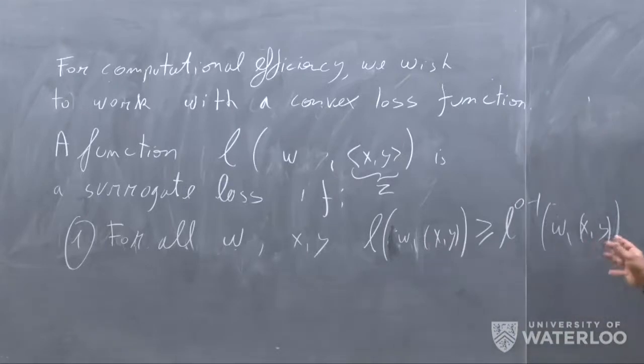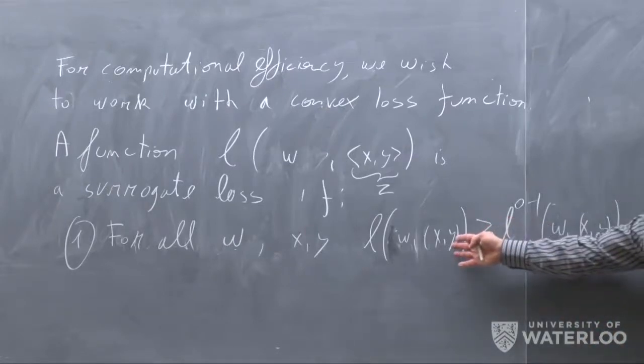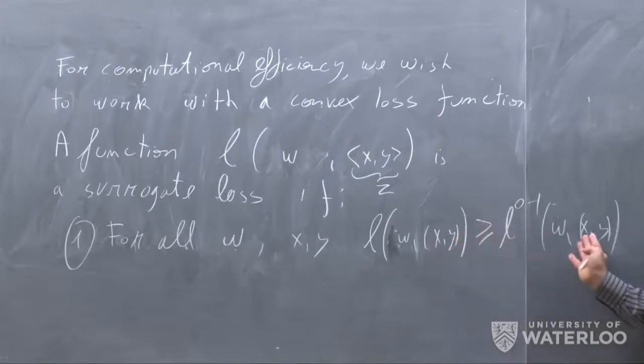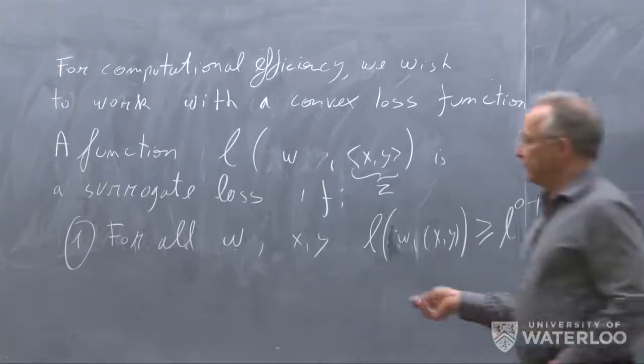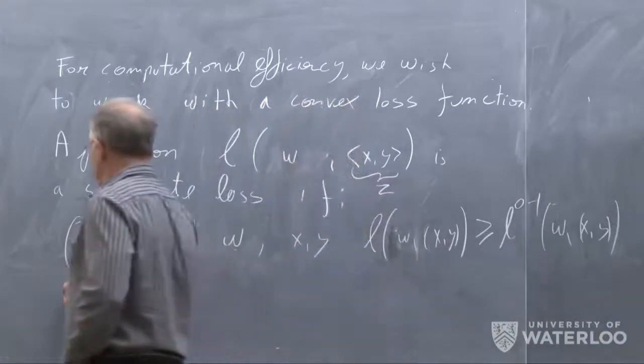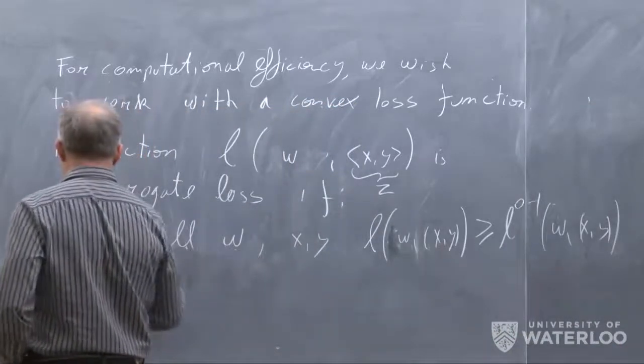The 0,1 loss is what we want to minimize. We want to make as few errors as possible. And we want a function such that if we get a low error with respect to this function, then we are guaranteed that we also have a low error with respect to what we care about, which is just counting the number of misclassifications.